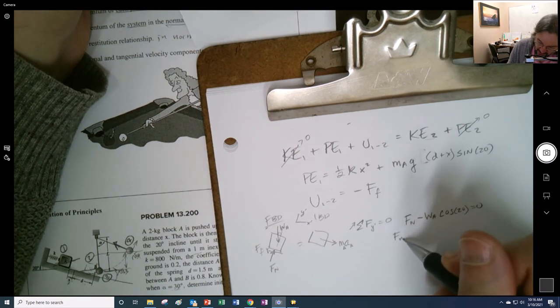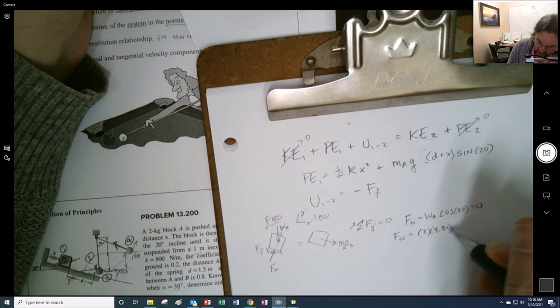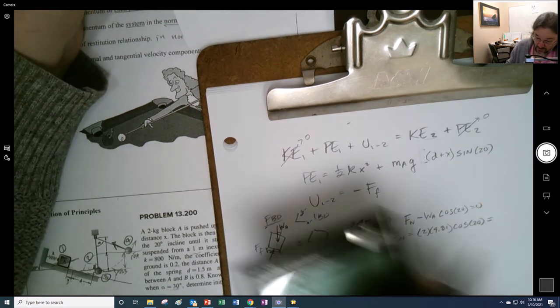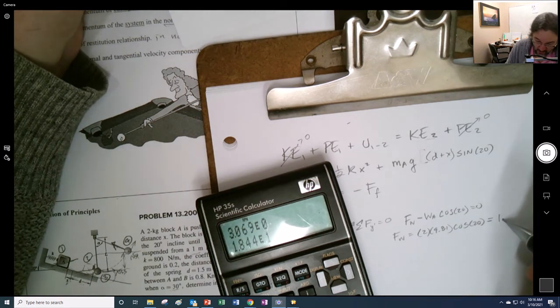So Fn is going to be 2 times 9.81 times the cosine of 20 degrees, we get 18.44 newtons.